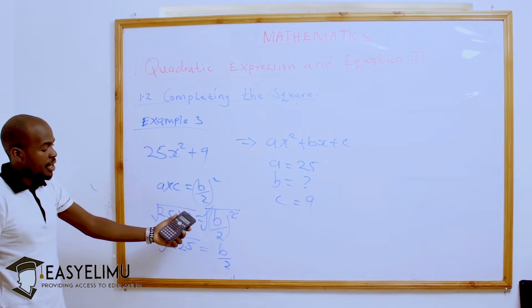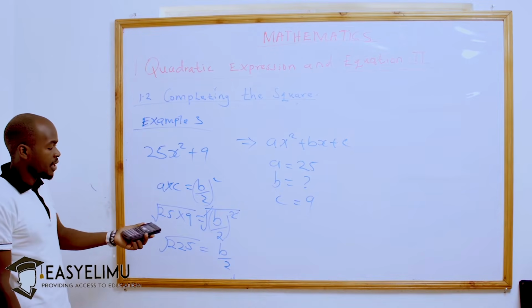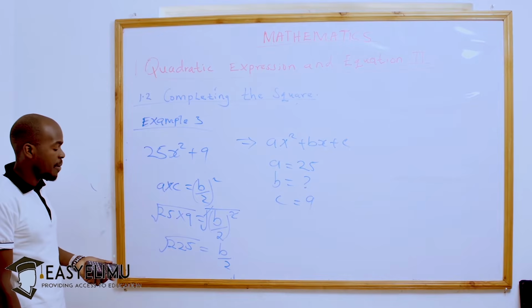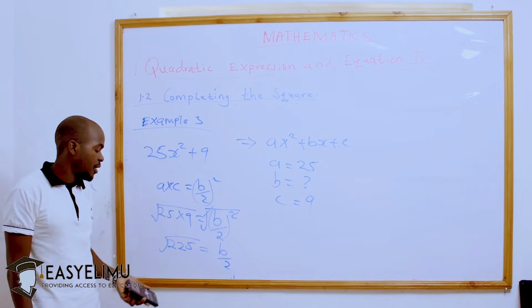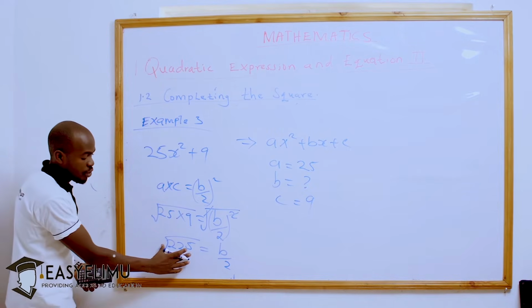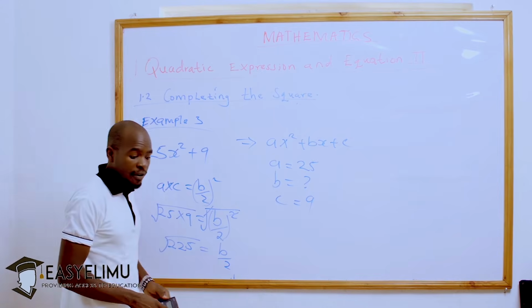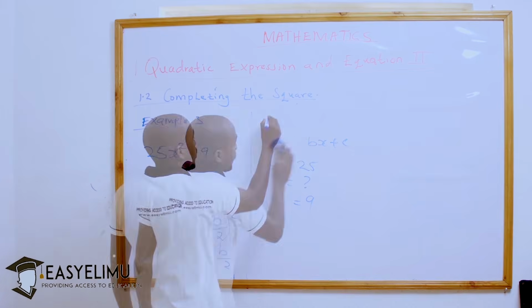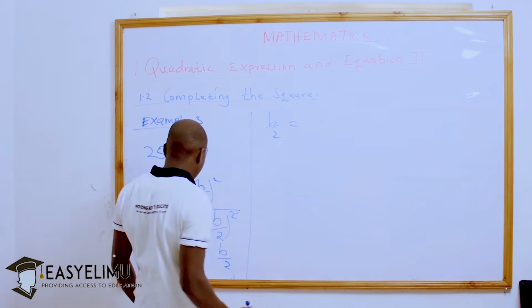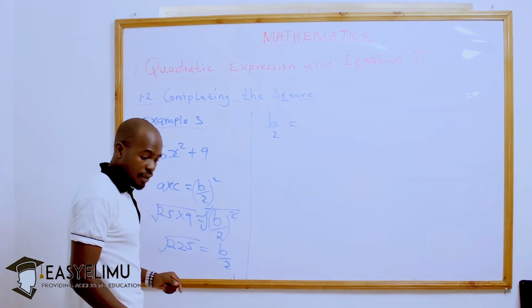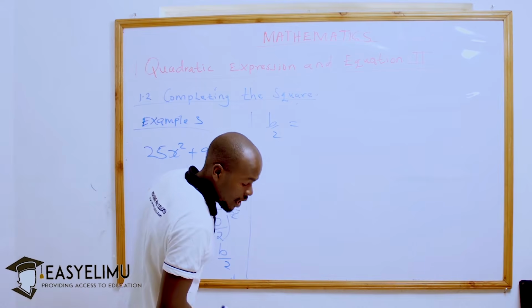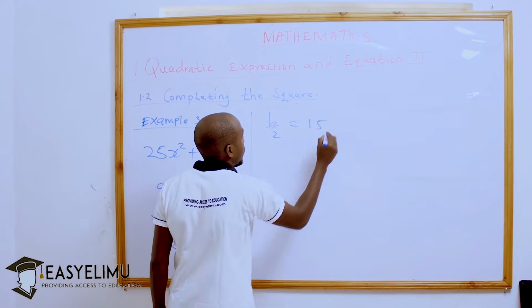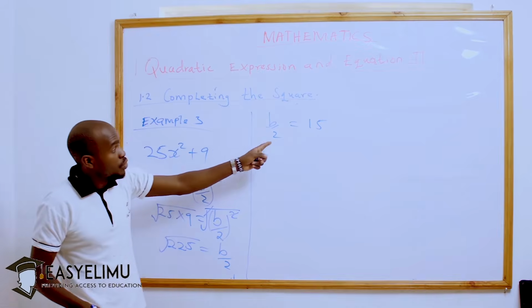So finding the square root of b over 2 squared gives us a single value, which is b over 2. If you find the square root of 225, you will find it is 15. So b over 2 is 15.